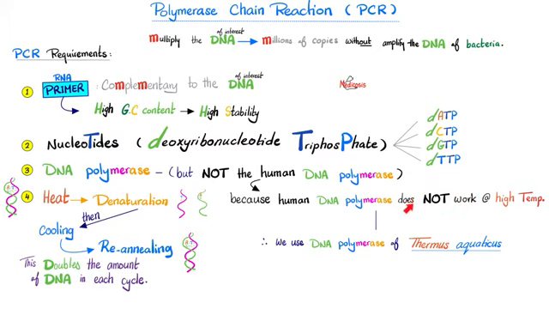It even survives inside hot springs of the Yellowstone National Park. Thermus aquaticus can survive 70 degrees Celsius. Wow. Next, you heat to separate, then you cool to rejoin. This is a cycle. Each time you do the cycle, you double the amount of DNA.